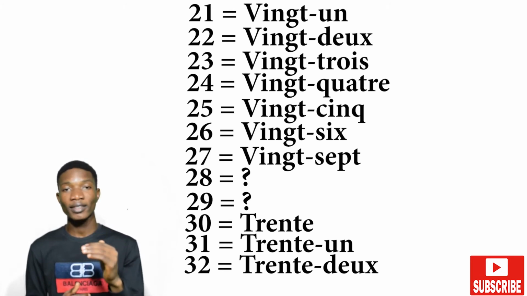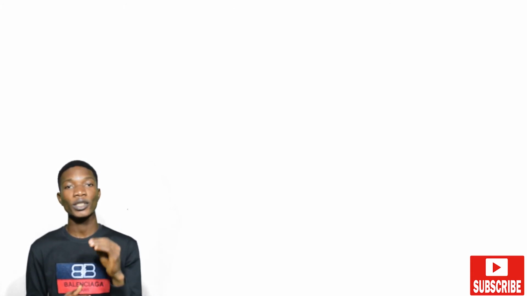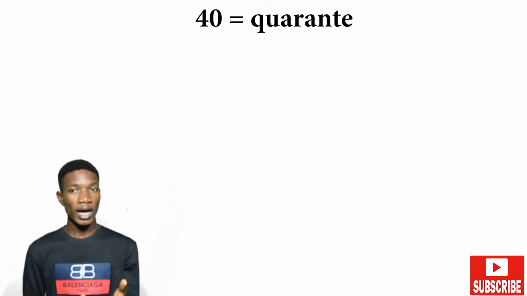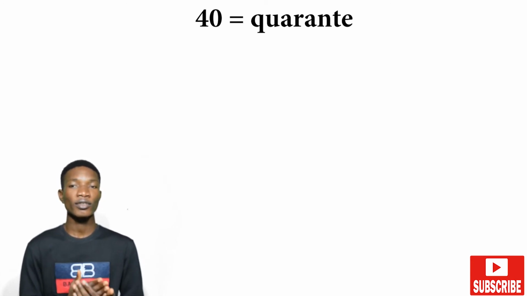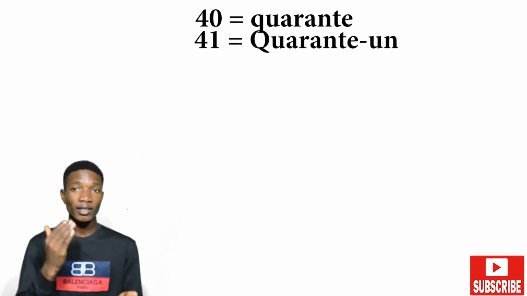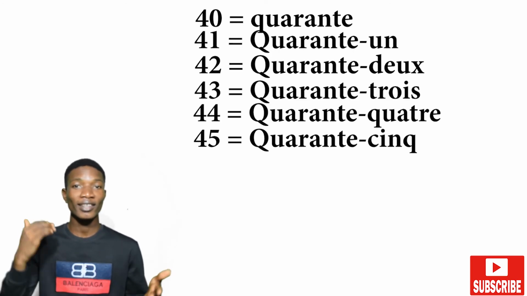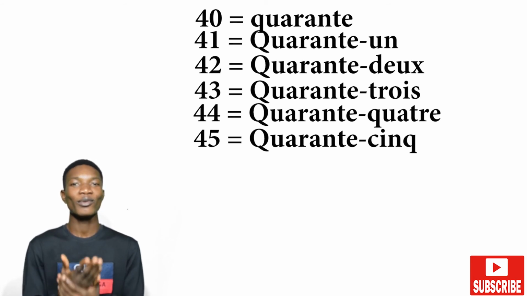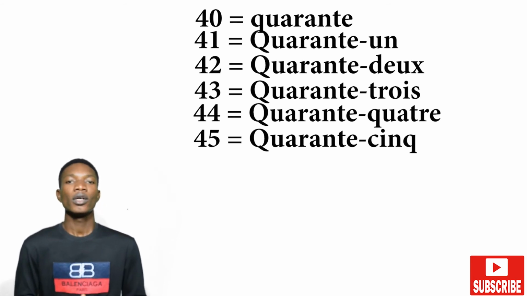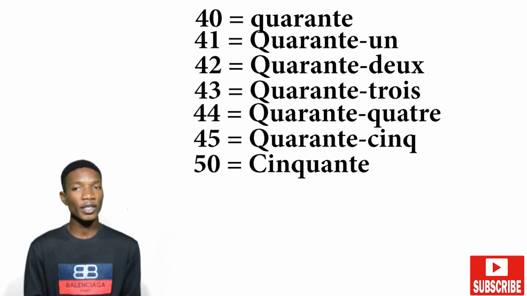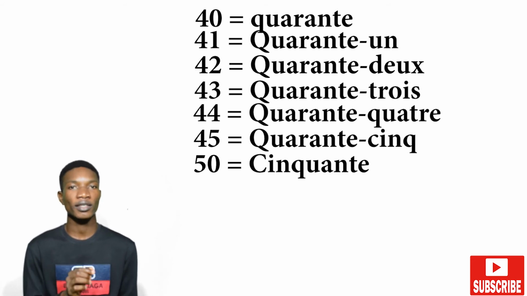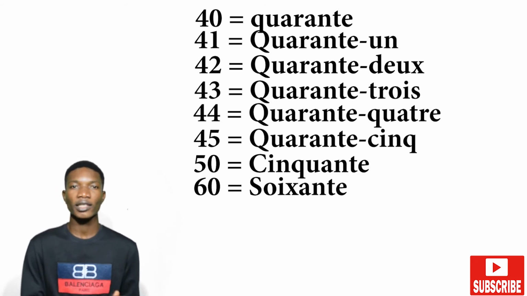From 39 now we have 40. You still take the same process: 41, 42, 43, 44, 45, 46, 47, 48, 49, and you come to 50. From 50 it is still the same thing until you reach 60, and 60 is still the same thing.